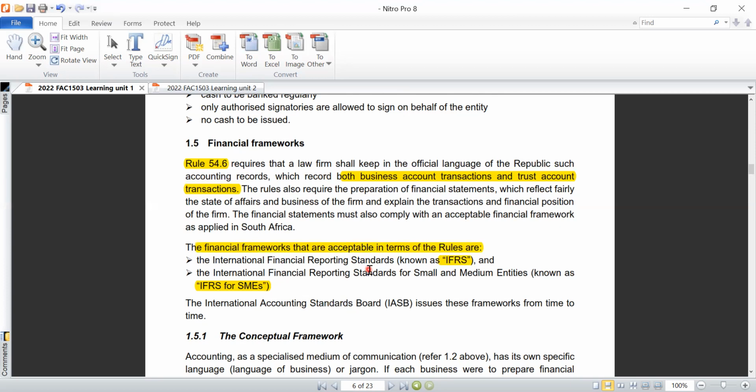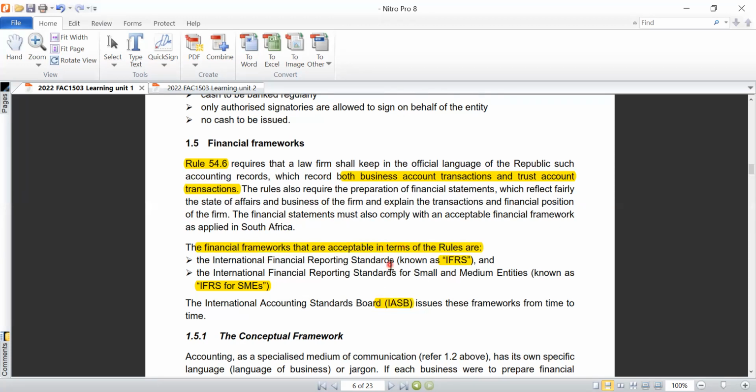But in the context of legal practice, you just need to know that it's IFRS. The International Accounting Standards Board issues these frameworks. So notice the frameworks are the IFRS or the IFRS for SMEs, but who is responsible for issuing them? It's the IASB. They are the ones that issue these standards.